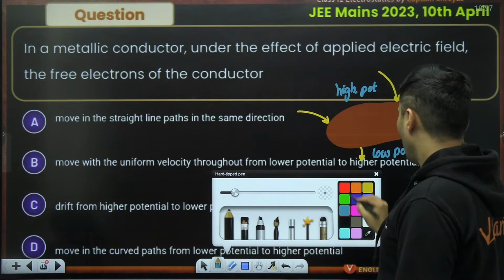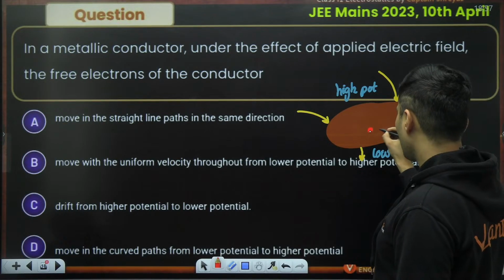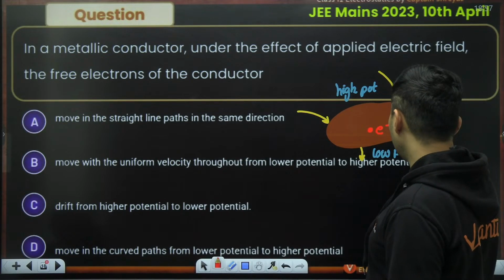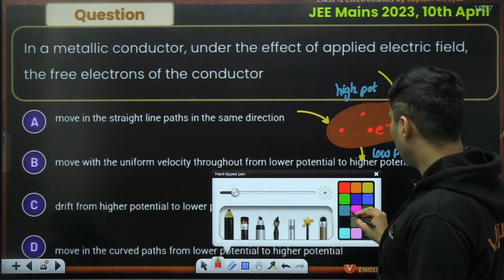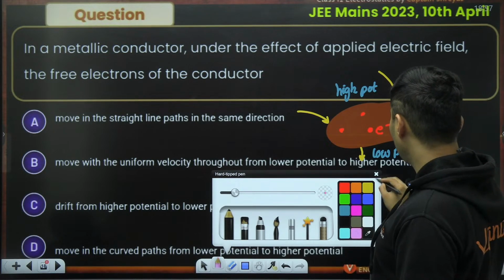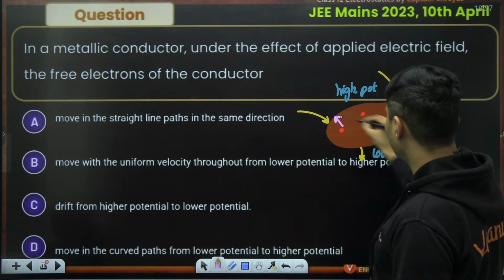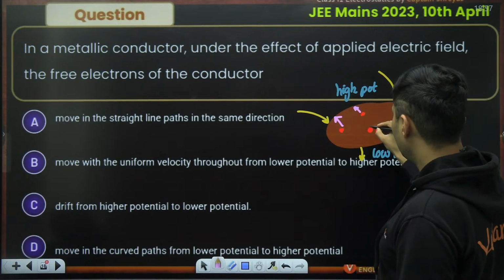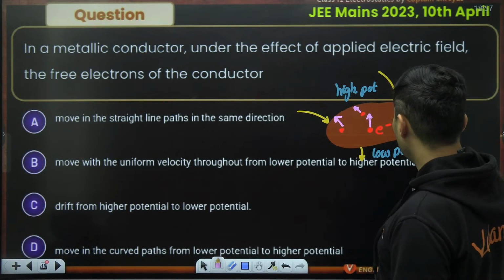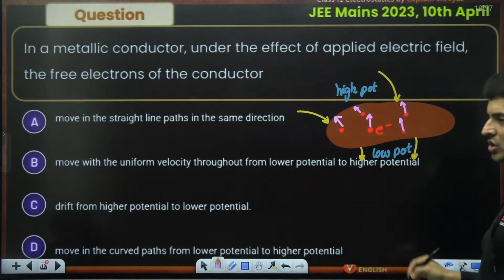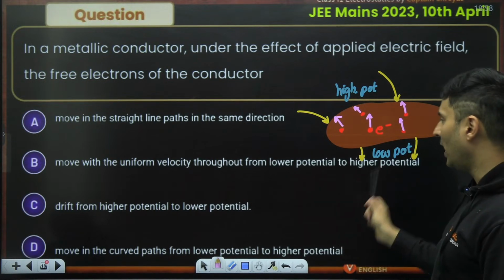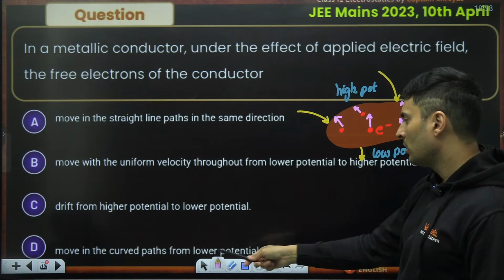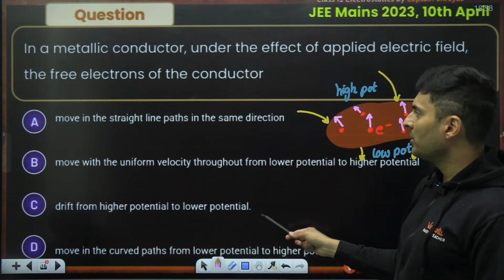So on the electrons, which are negative charges, the force on it will be exactly opposite to that of the field. So it will definitely go from low potential to high potential, not high to low. So C option is out.